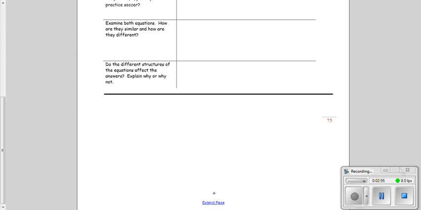Well, let's look at the structure of the equations. For Heather, the structure was 5 times the sum of H plus 2. And for Jake, the equation is 5H plus 2 equals 20.